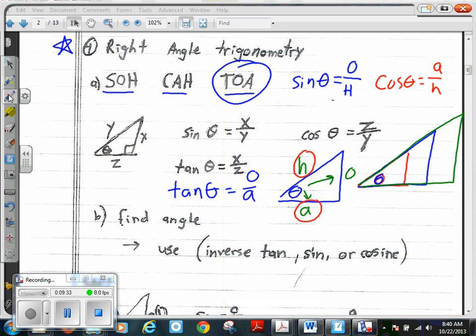Now this opposite and adjacent thing is according to the angle. So let's just say that this is theta. If I rename that, then this side's opposite, and this one is adjacent. So it always has to do with where my angle is. It's not like the right side is always opposite or the left side is always opposite. It's according to the angle.